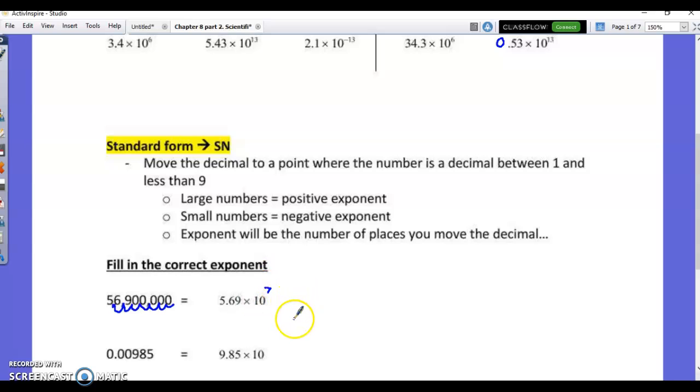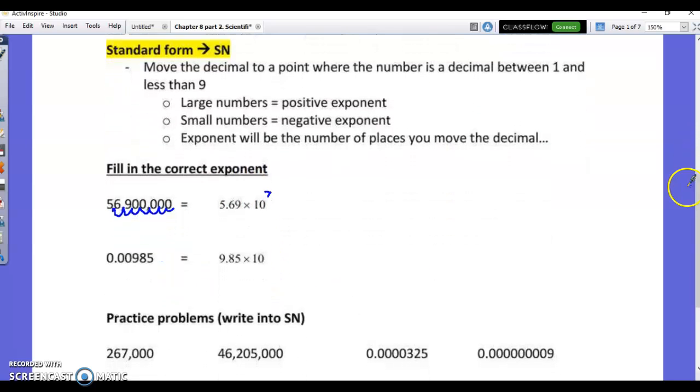All right, so again, we're going from a standard form number to scientific notation. So take a look at this. Now we have a small number. Small numbers, meaning they're decimals that are less than 1, are going to have a negative exponent. So if I look at this number, I look for my significant digits where I get to that 9 right there, and I put a dot there, because 9.85 is between 1 and 10.